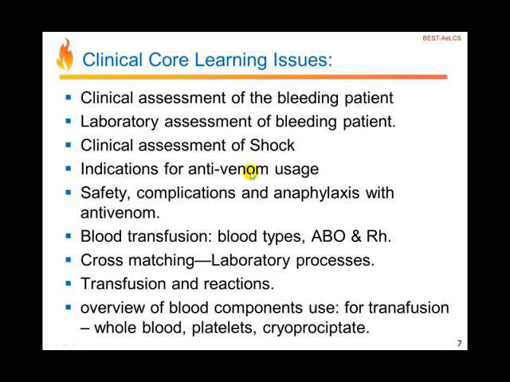Now, clinical core learning issues. This was developed by our clinical team, Dr. Paula and the team. Clinical assessment of the bleeding patient, laboratory assessment of the bleeding patient, what investigations you would ask for, clinical assessment of shock, how you classify shock, indications for anti-venom use, that's for snake bites, safety, complications and anaphylaxis reactions of anti-venom use, blood transfusion, blood types, cross-matching and transfusion reactions.